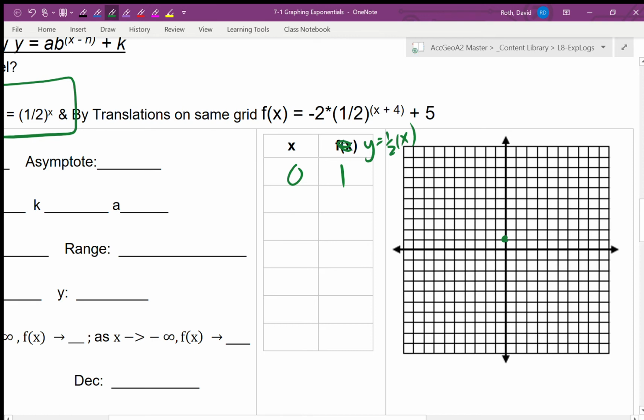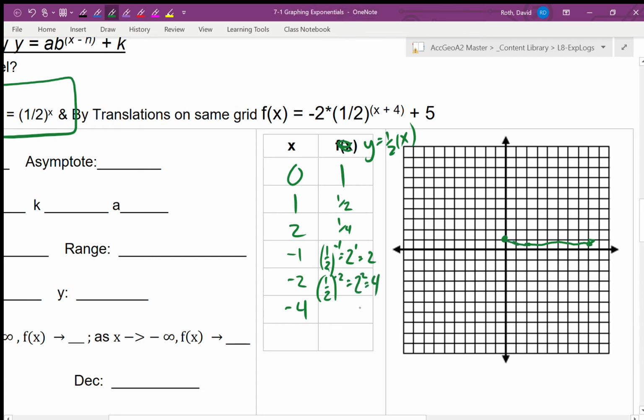Okay, fine. Now when I try 1 and 2, I get 1/2 and 1/4, and I say, hold on a sec. It's going to an asymptote, and that gets boring real fast. I'm not going to go that way anymore. I want to go try -1 and -2 and -4. And when I do that, 1/2 to the -1 is equal to 2 to the 1, which is 2. And 1/2 to the -2 will be equal to 2 to the +2, which is 4.